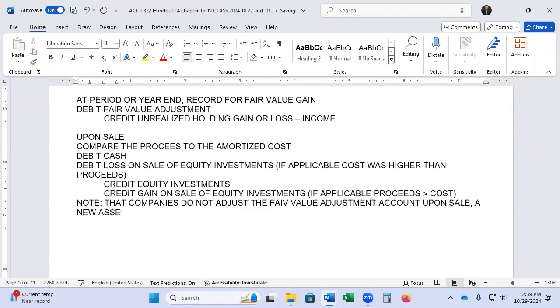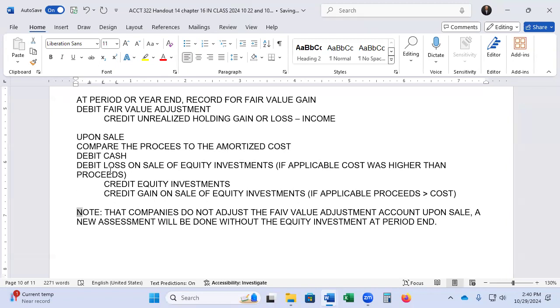A new assessment will be done without the equity investment at period end. Kind of see which example we've got.